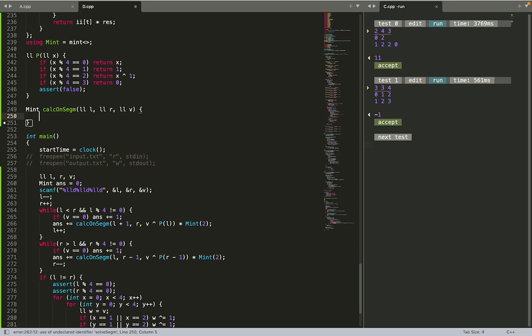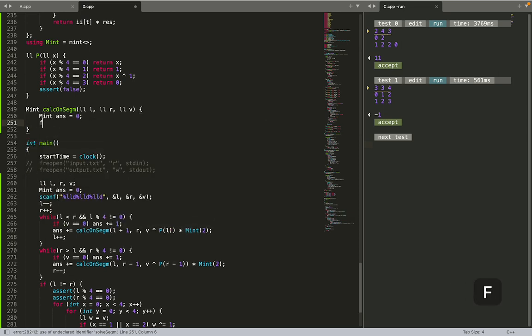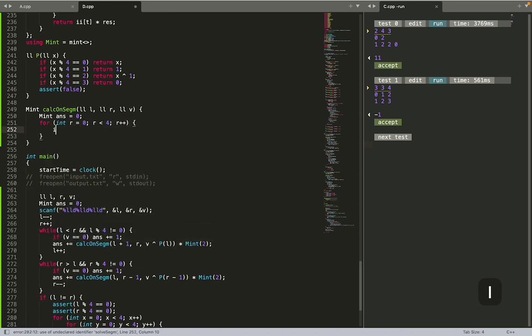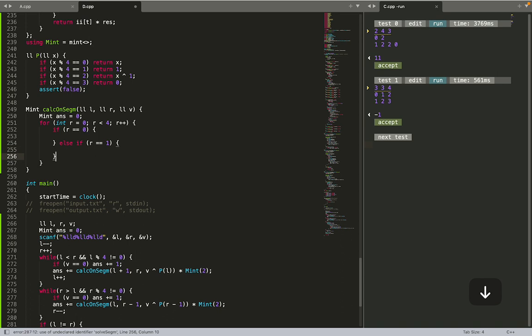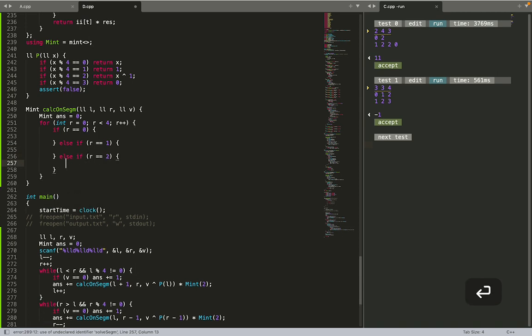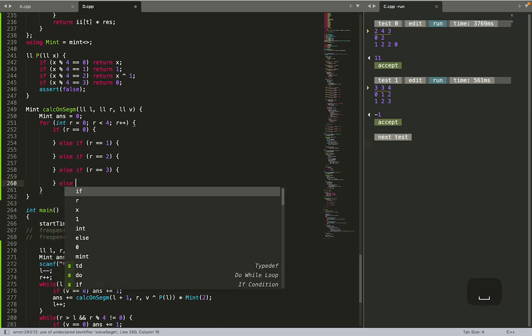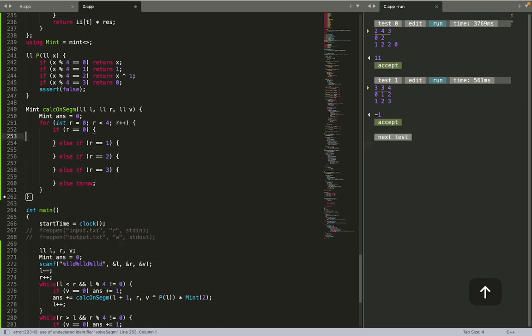I want to iterate over the remainder. Let's first deal with 1 and 3 because it's easier.